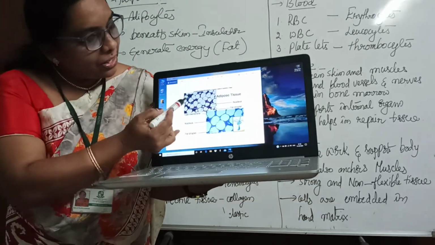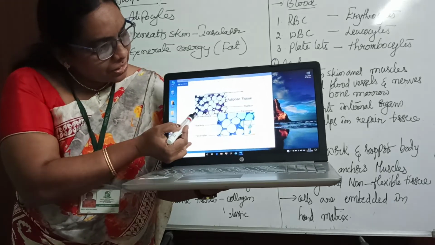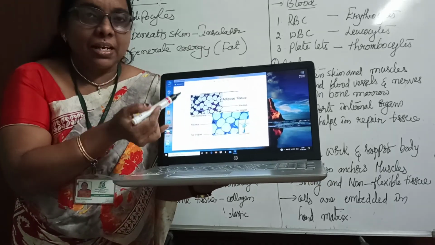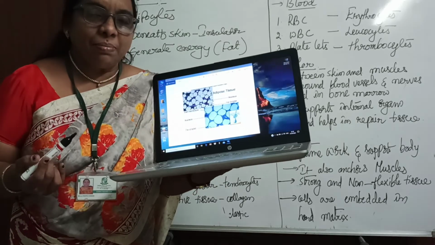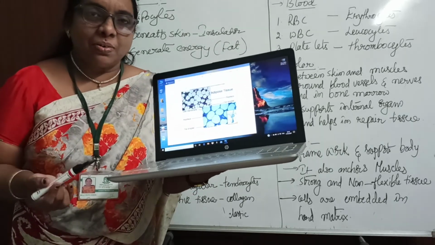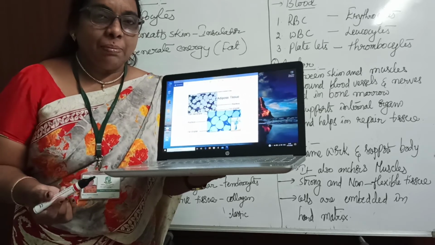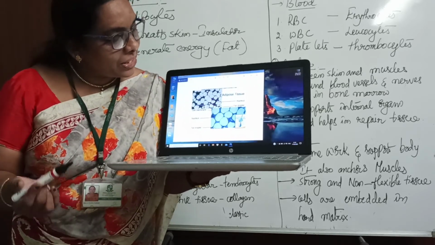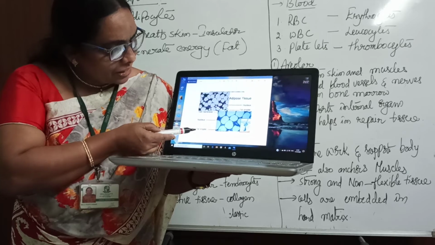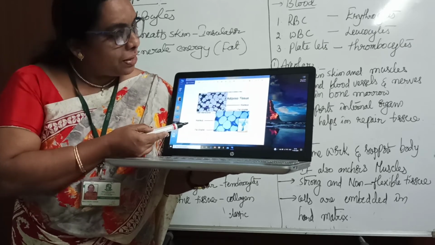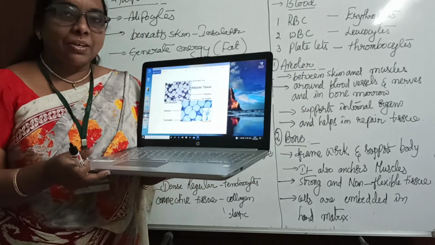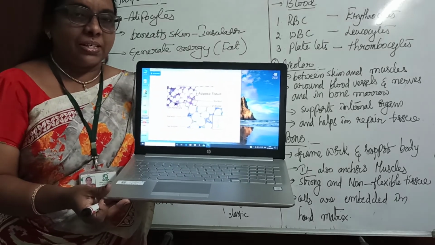They are round in shape, there are intercellular spaces, and each cell is covered by the cell membrane. What is the meaning of cell membrane? It is also called a semi-permeable membrane, as it allows certain particles to pass through it. There will be the nucleus, and the cells are called adipocytes.